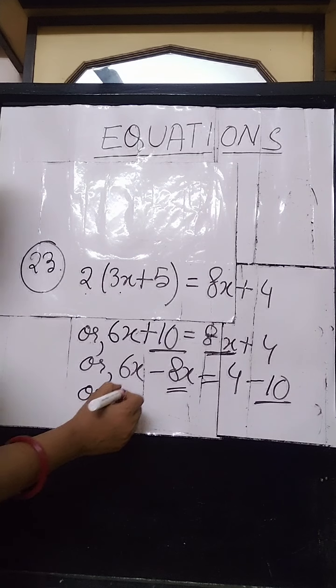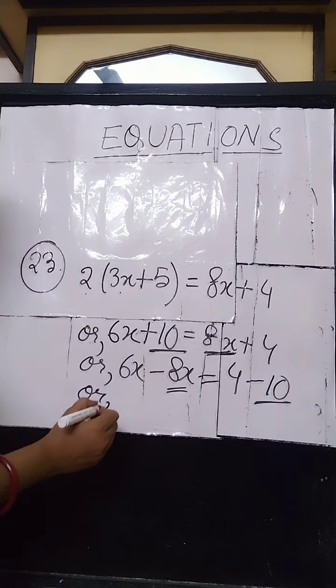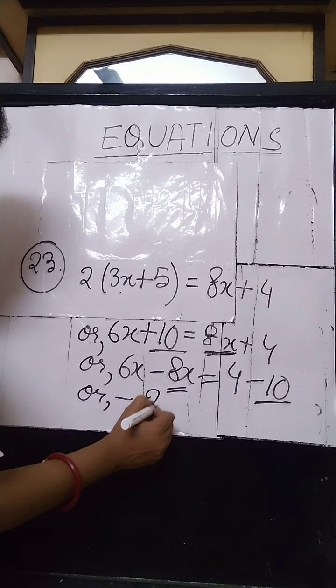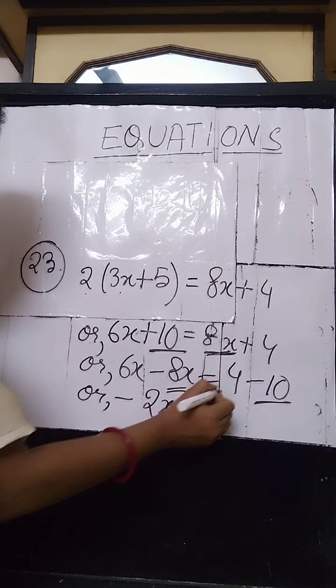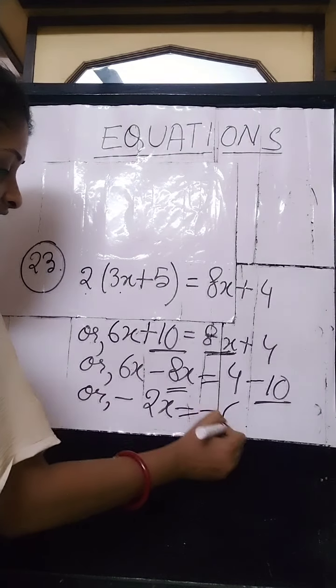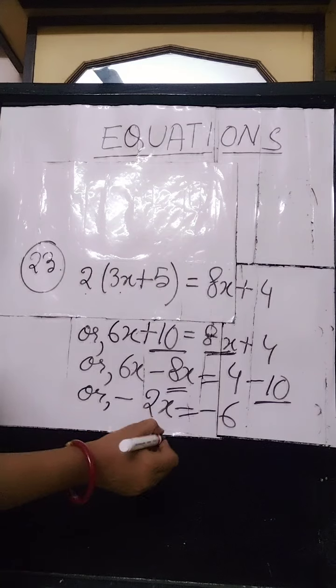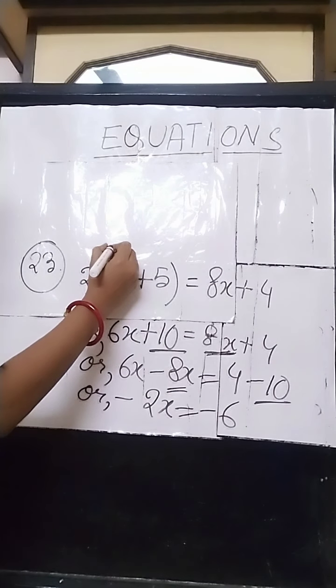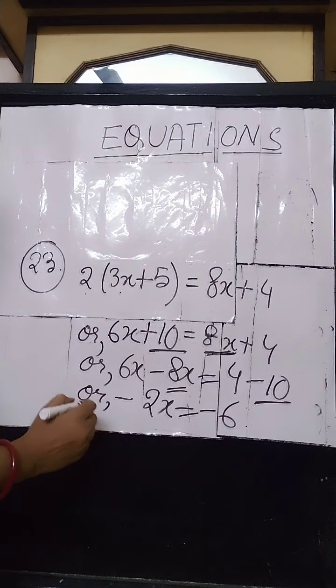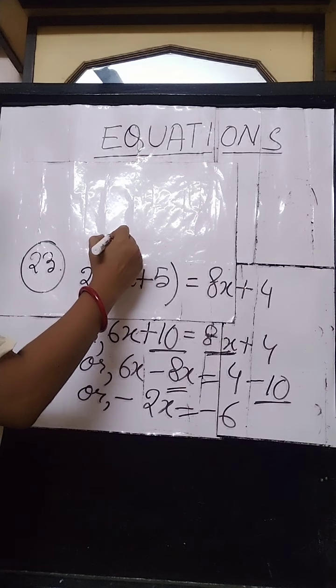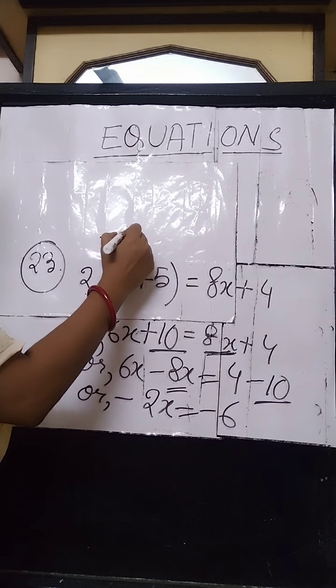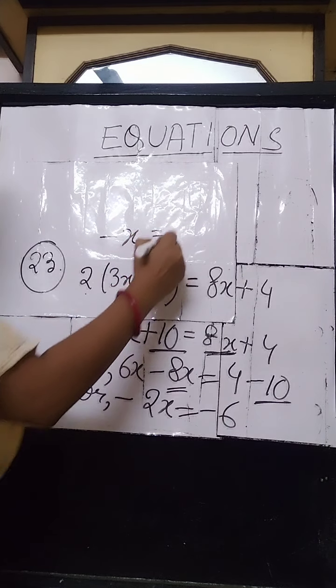So what is the answer coming? 6x minus 8x is equal to minus 2x, and 4 minus 10 is minus 6. So minus 2x is equal to minus 6. So how will you find out x now? Now you have to find out the value of x.